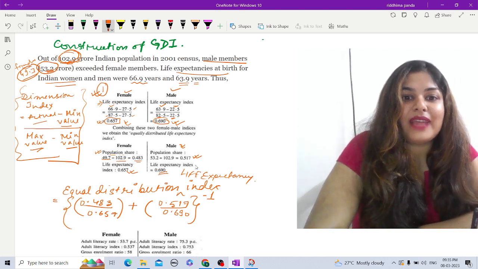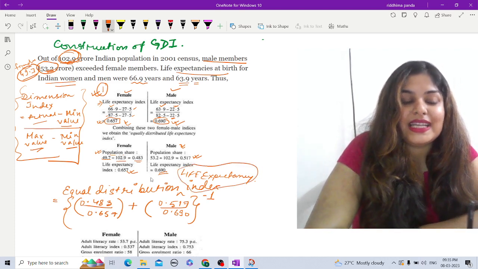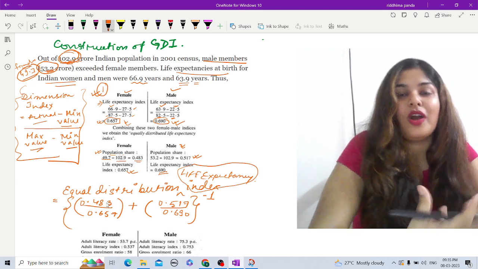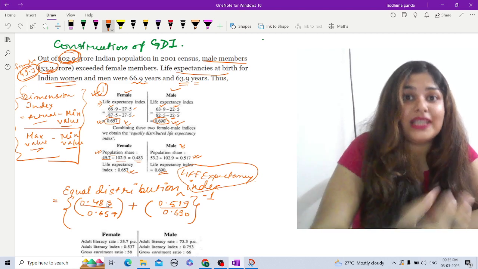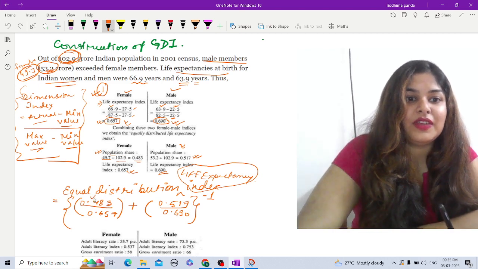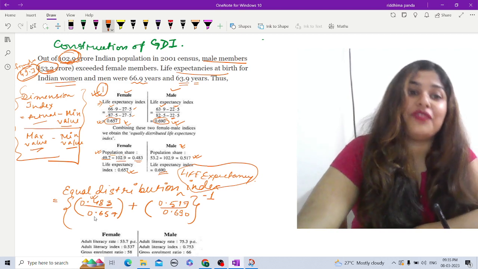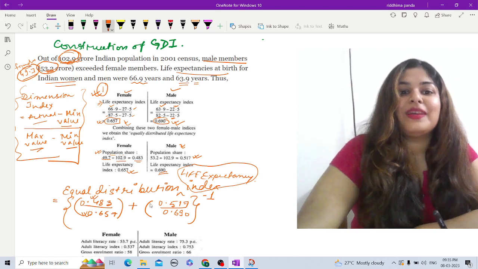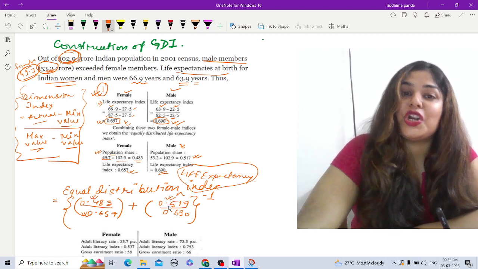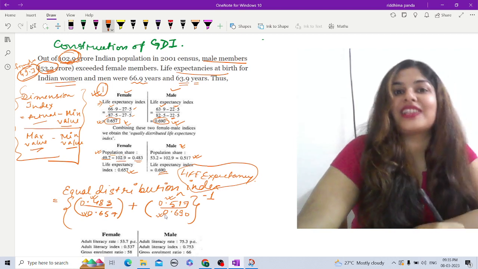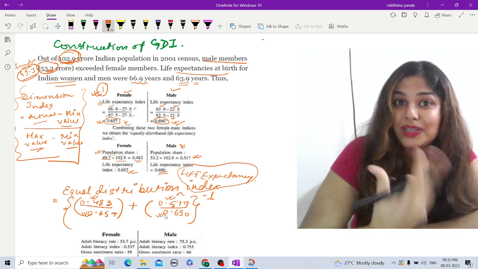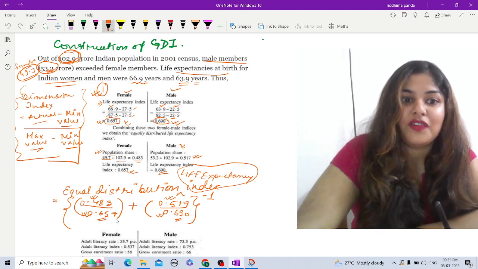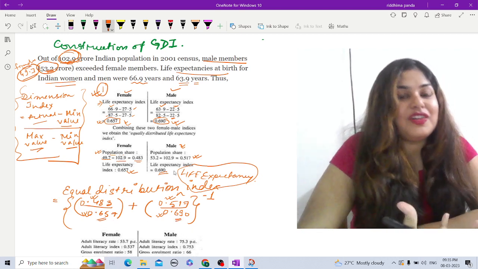So basically, I have taken this because I am calculating the life expectancy index. If I calculate for education and income, I will take the corresponding values. So what is the general formula? We write the population share of female divided by the dimension index, plus the population share of male divided by the dimension index of the male.